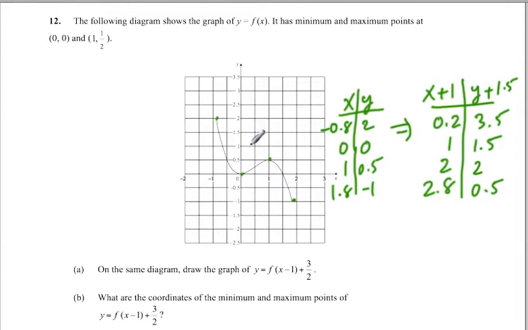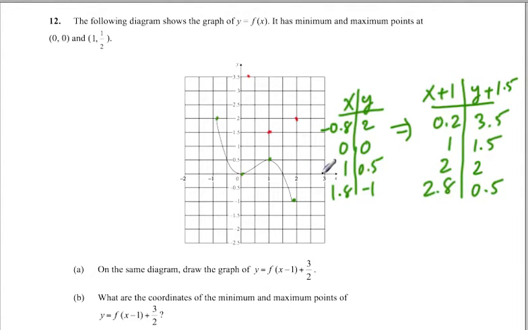So let me do this over here. 0.2 and 3.5. So that's going to be right there. 1 and 1.5, which is right there. 2 and 2.